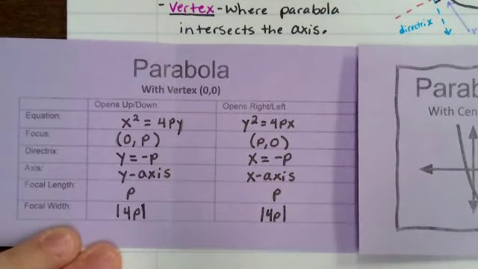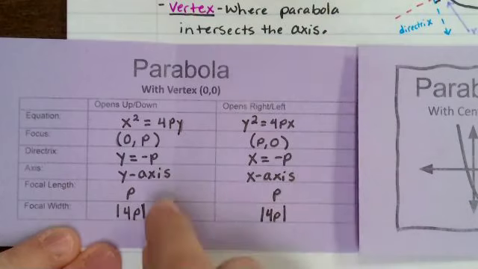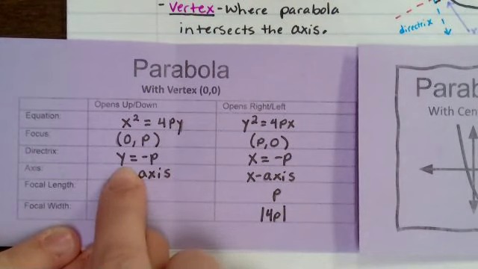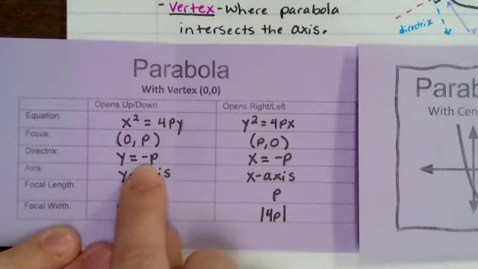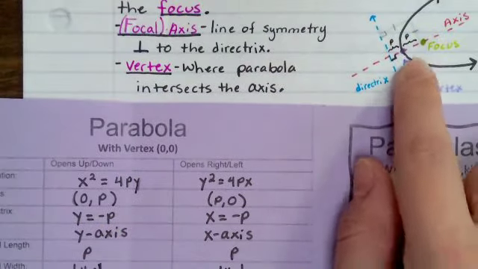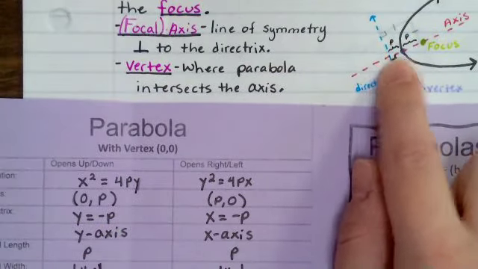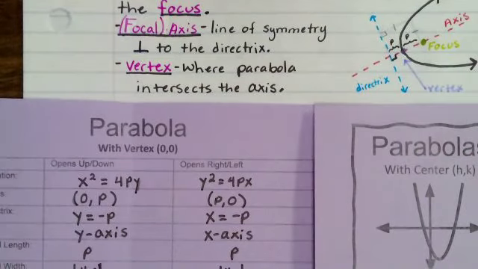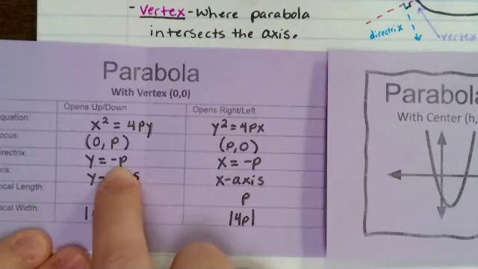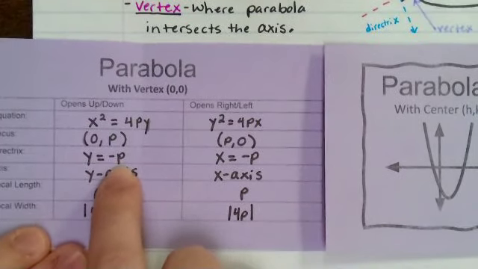So if it opens up, it would be 0 and a positive p, whereas if it opens down, that would be 0 and a negative number, okay? Our directrix is going to be y equals negative p, so the opposite of p, because your directrix is on the opposite side of the vertex than the focus, okay? So if the focus is at (0, p), the directrix is going to be y equals negative p.